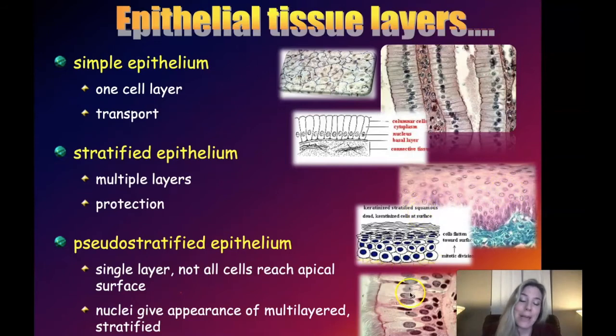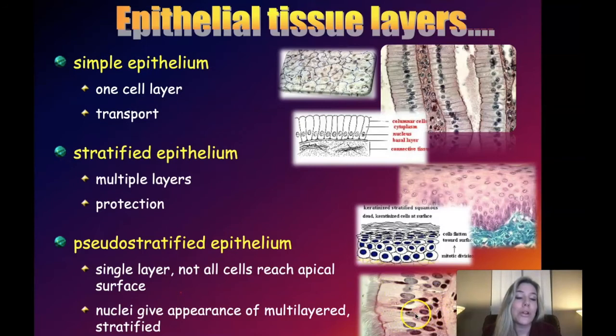And then we have a type that is the one that people seem to struggle the most with, and that is what is called pseudostratified epithelium. And it's pseudostratified because in actuality, if you look at all of these different cells and follow their cell bodies, you'll see that all of them do in fact touch the basal layer. But some are squished and elongated, and that makes them look like their nuclei are on top of each other.